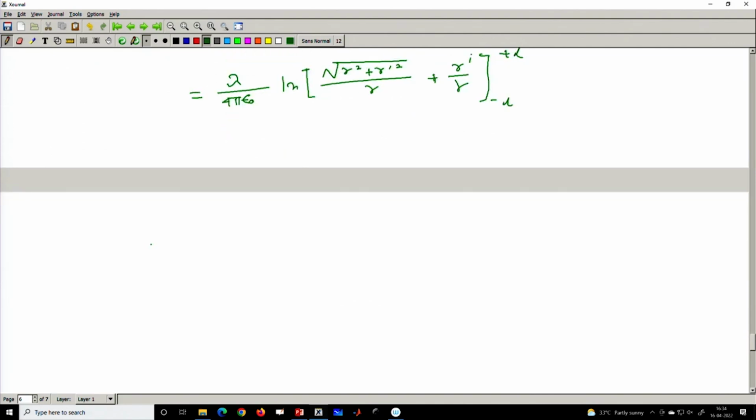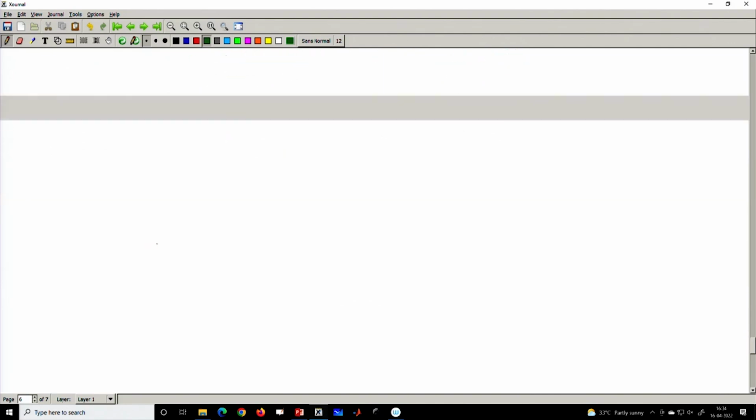If I put this value, I will get my result. It is a straightforward but a bit lengthy calculation, but anyway.